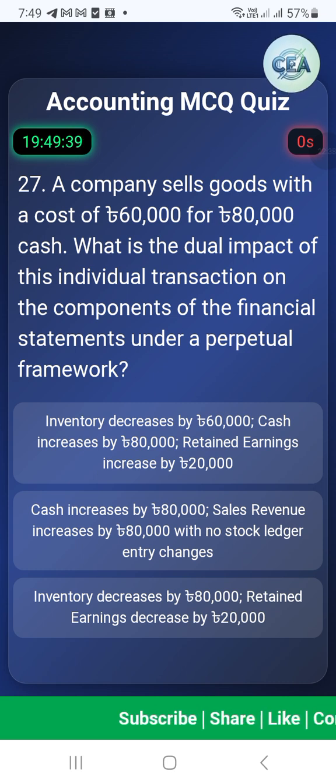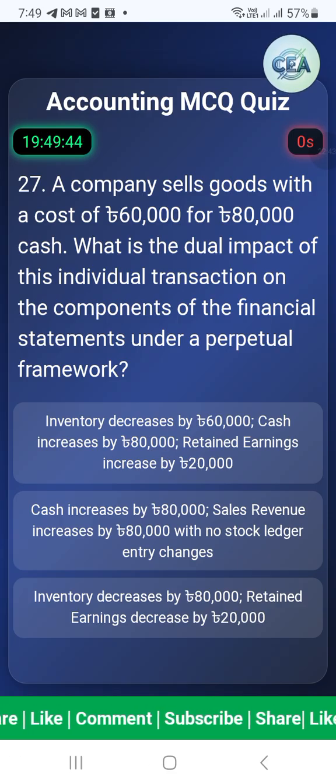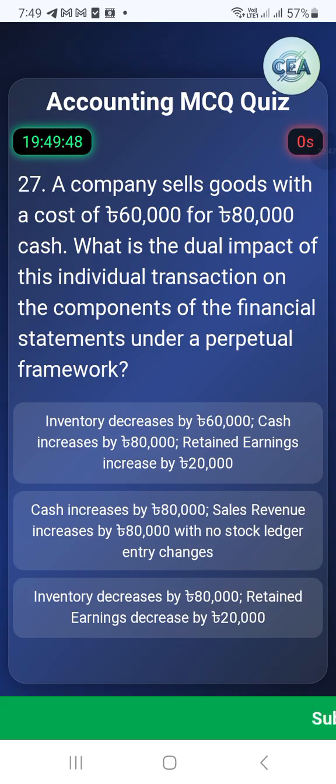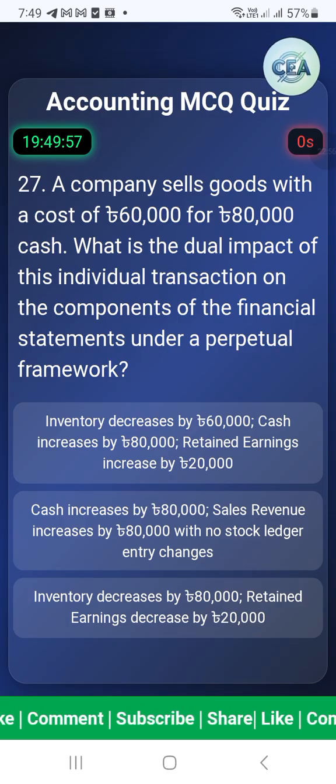Option 2. Cash increases by 80,000 takas, sales revenue increases by 80,000 takas with no stock ledger entry changes. Option 3. Inventory decreases by 80,000 takas, retained earnings decrease by 20,000 takas.